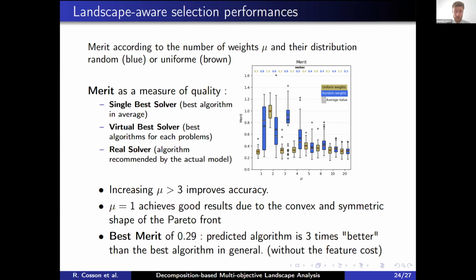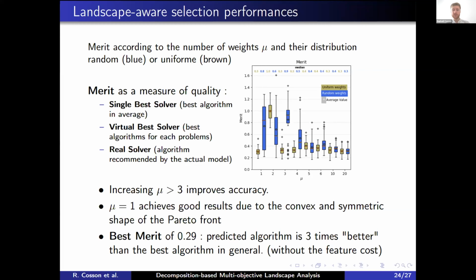However, unexpectedly, when we take only one sub-problem with a uniform distribution, it achieves good results, but we assume that this is only relative to the benchmark landscape, as the shape of the Pareto front is both convex and symmetric. Also, when we use a random distribution of sub-problems, we can see that the model loses accuracy in comparison with the uniform distribution.